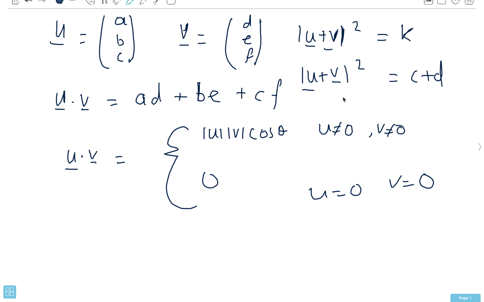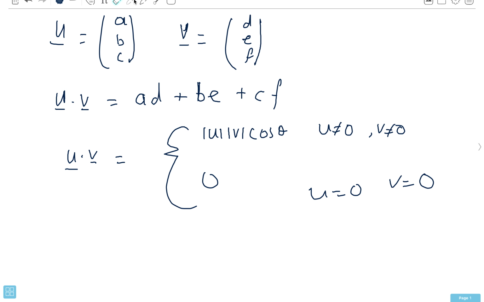From this, that means that k is equal to c plus d. And this is how we're going to prove it today. Okay, so I'm going to leave this here and I might come back and reference it during this proof.